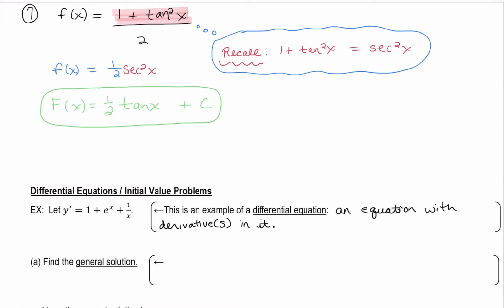So it could have a y prime, it could have a y prime and a y double prime in it. But that's an example of a differential equation. So an equation with a derivative or derivatives in it.